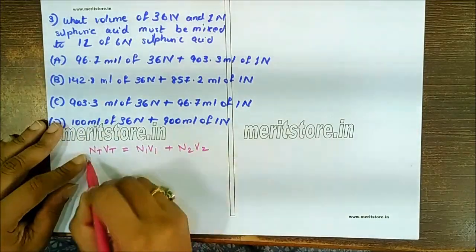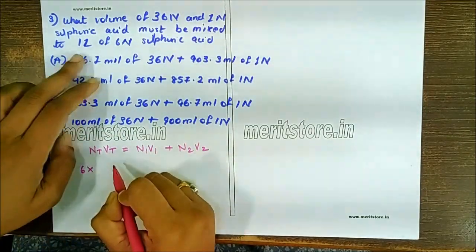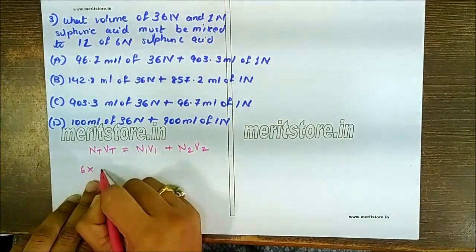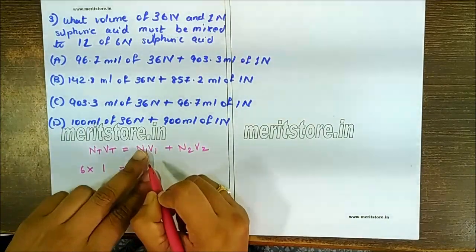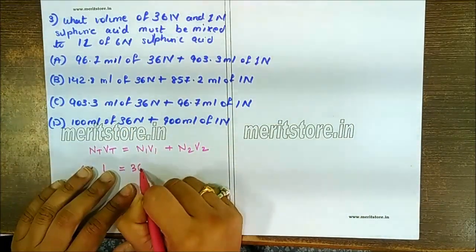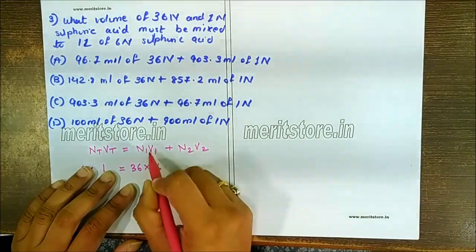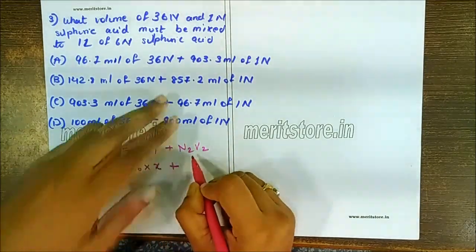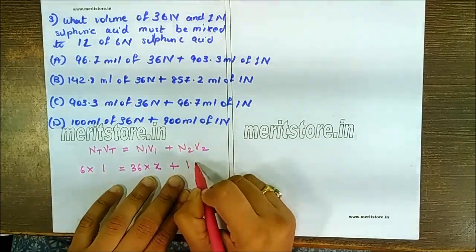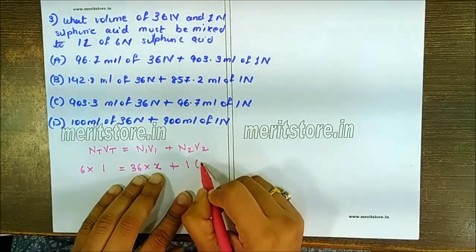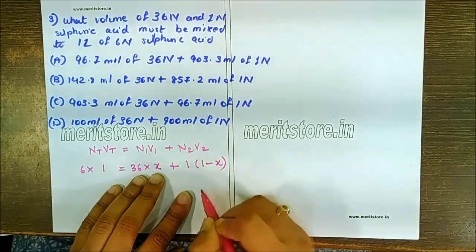The total normality is 6 and the total volume is 1 liter, so I'm writing it as 1. The normality of the first solution is 36. Let us assume we have taken X liter of this, plus the normality of the second is 1 into 1 liter minus X.